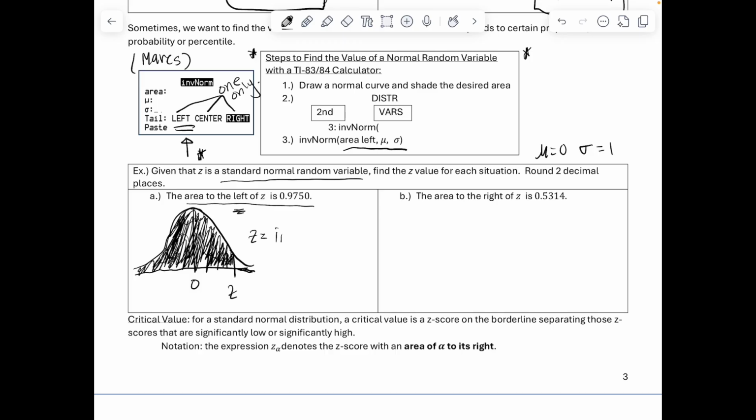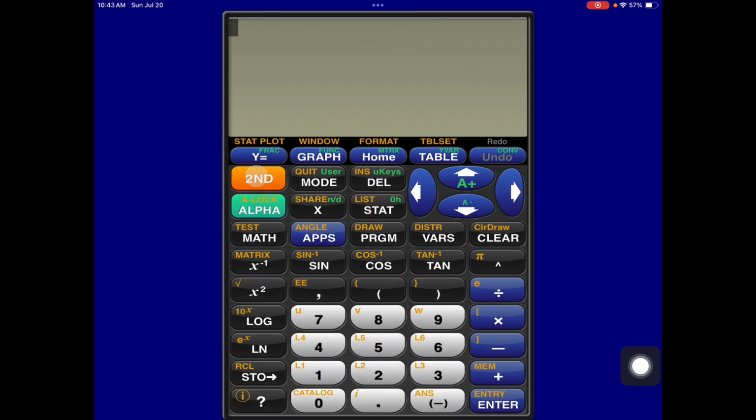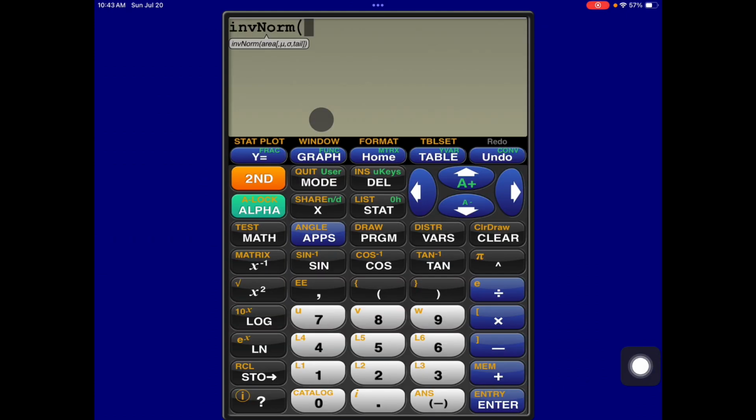So z is equal to inverse norm, or INV norm, area to the left. And this area that we just shaded is given to us. This is 0.9750, comma, and then we put our mean and our standard deviation, which are 0 and 1. On the graphing calculator, we're going to go to second vars, inverse norm, it's number 3 on my graphing calculator app, INVNORM.